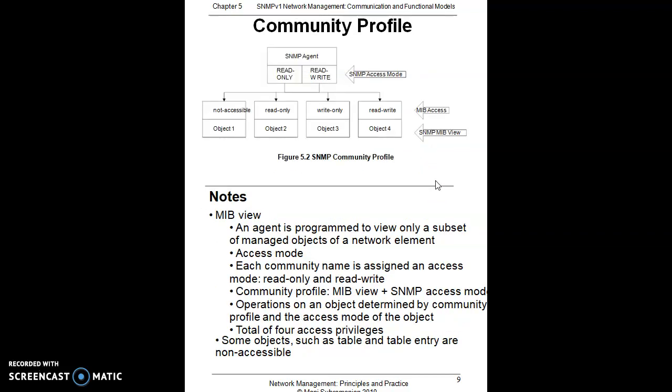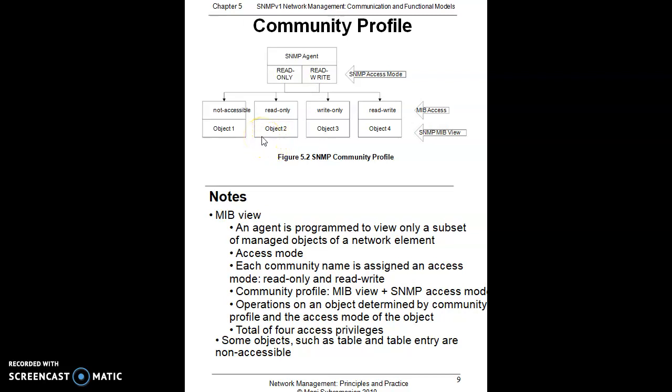In the community profile of an SNMP agent, it comes with a read only mode and a read write mode. If it is read only mode, it is not going to be accessible by the other agents. In read only mode, they are able to view whatever policies have been designed.